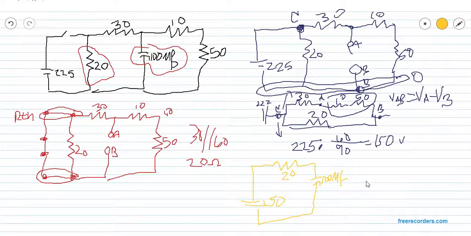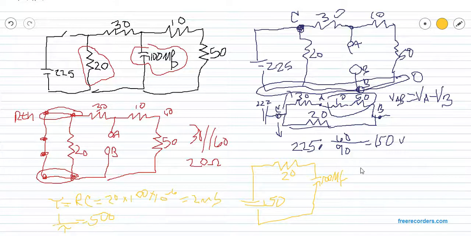The first thing to do once we have it in this form is find tau, which is equal to RC, which gives us 20 times 100 times 10 to the minus 6, which is 2 milliseconds. The other thing is 1 over tau, which makes the equations easier, which is 500.